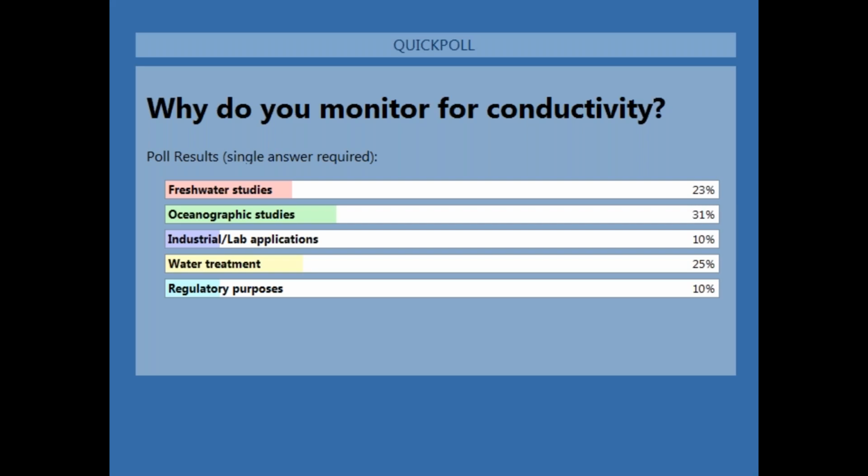Some freshwater studies, which is good, and water treatment. Yeah, a good mix. The good news is it looks like there's a little bit of interest from all the options we had here, all the segments. So that's great. Nice little diverse audience. Terrific. Okay, I'll hide this and let you continue. Great.